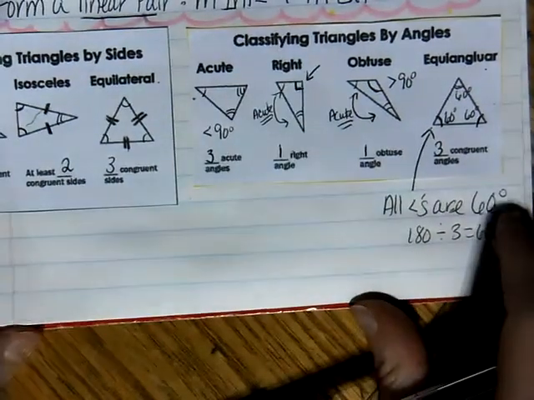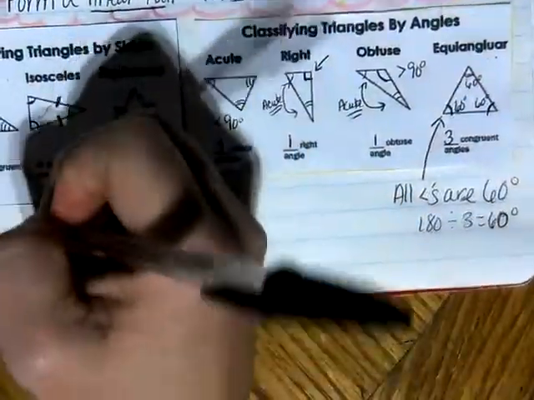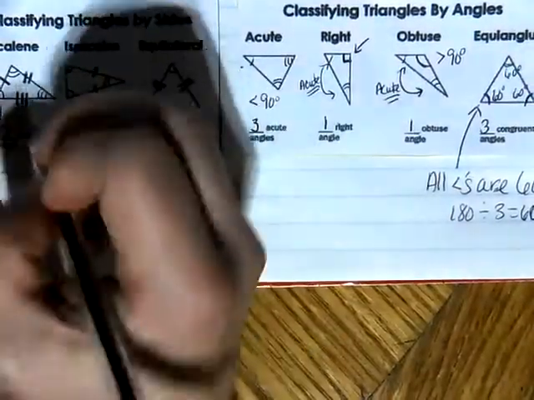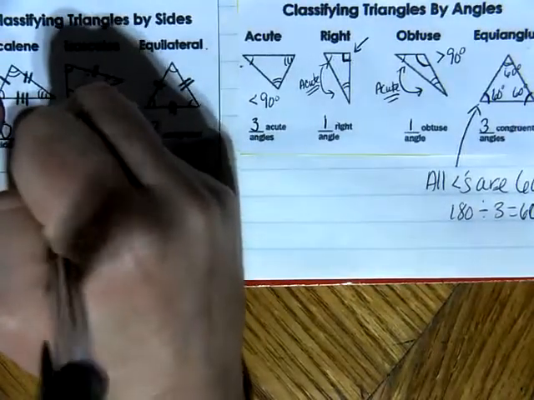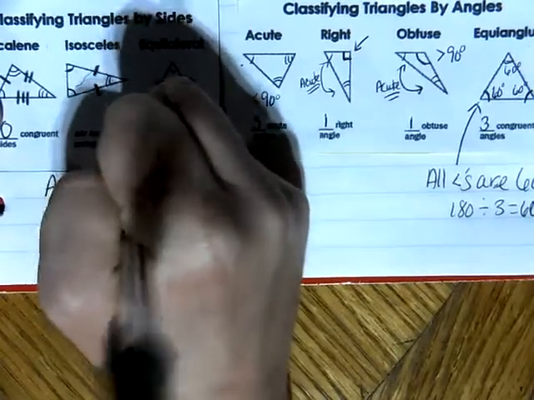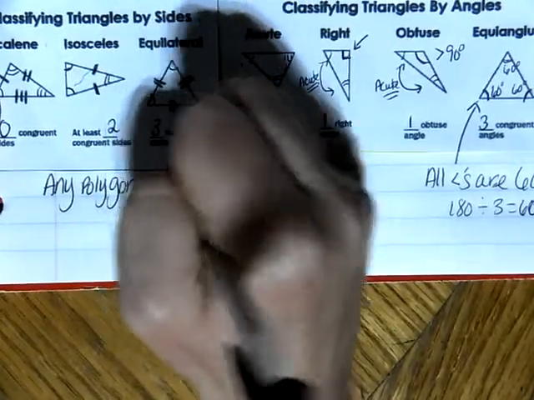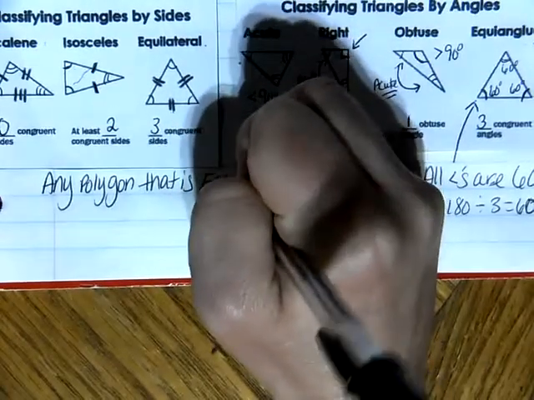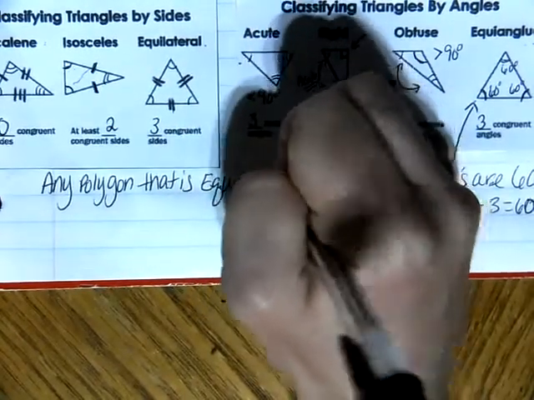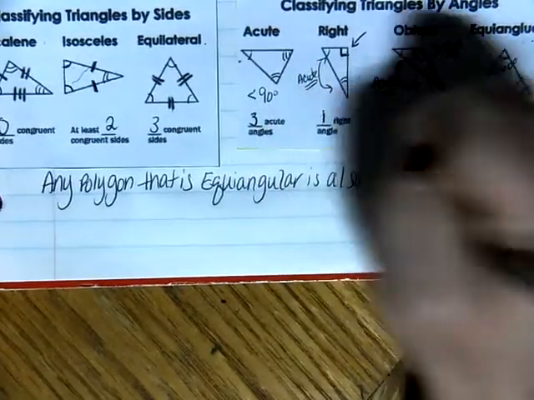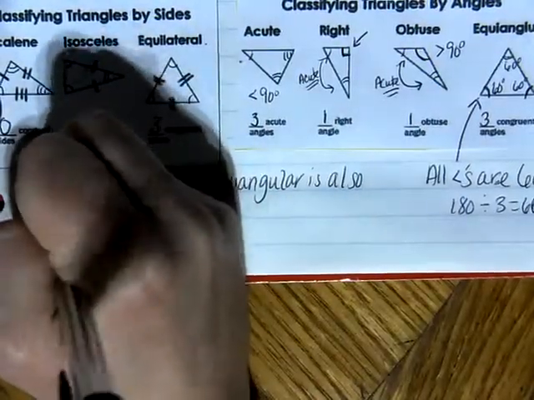The other thing that I want to talk about when it comes to equiangular and equilateral: any polygon that is equiangular is also equilateral.